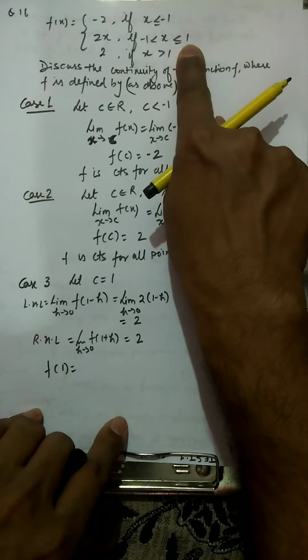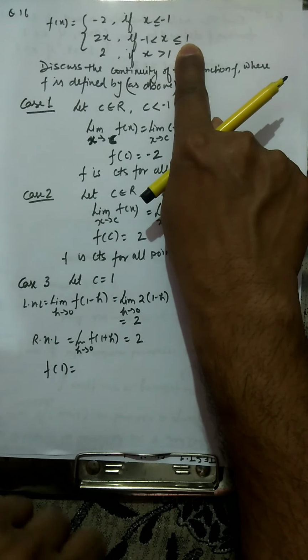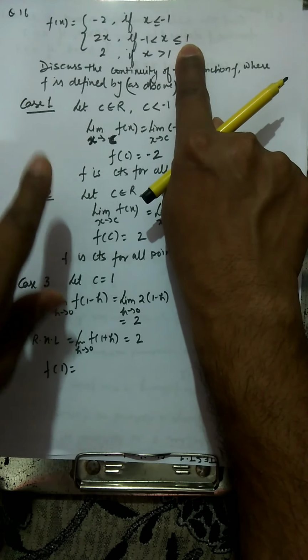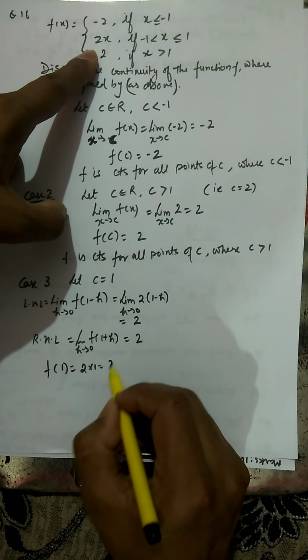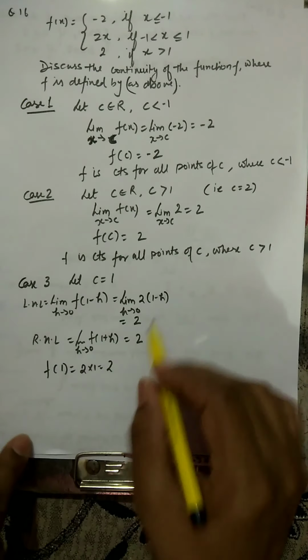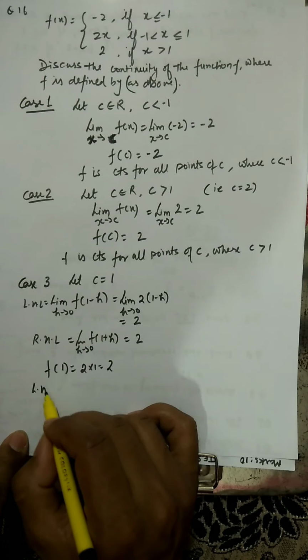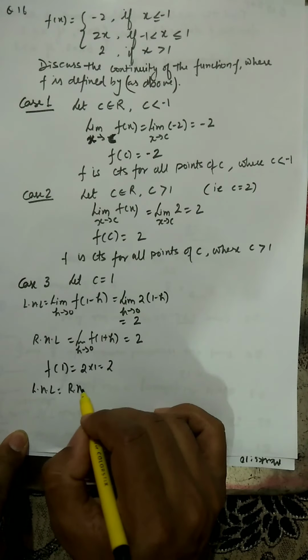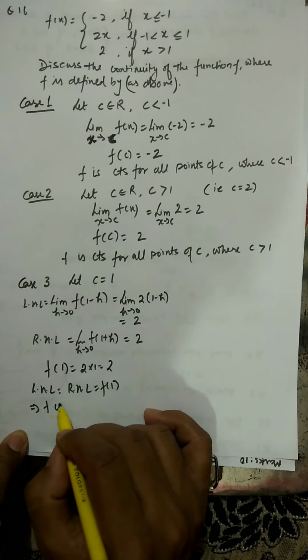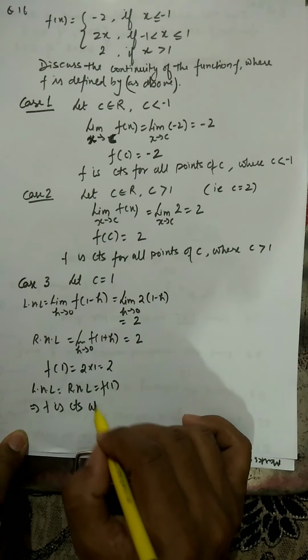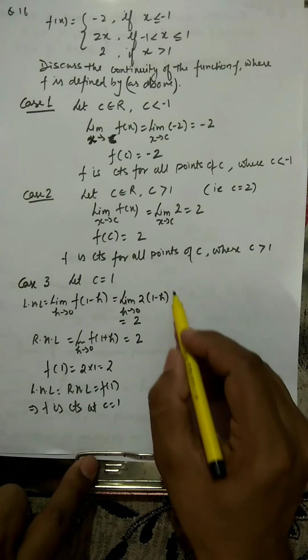You can see this is less than or equal to 1, so for x equal to 1 your function is still 2x. Put 1 in, and your answer is 2. So left hand limit equals right hand limit equals f(1), which implies that f is continuous at c equal to 1.